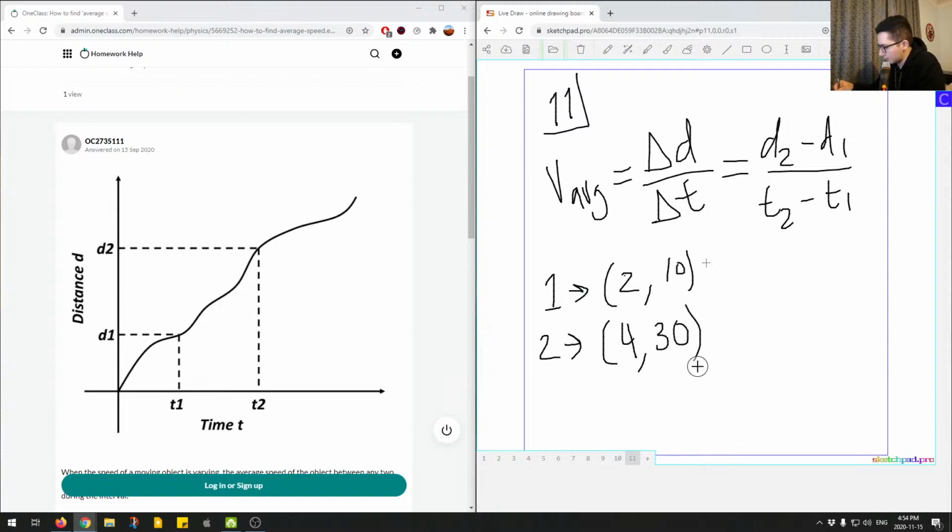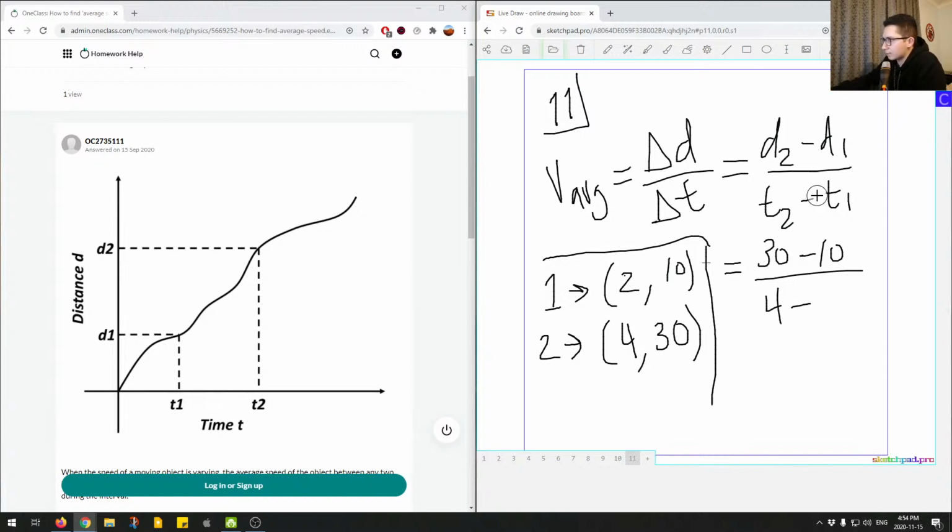So plug these in. Let's draw a line here. We'd say 30, so d2, minus d1, which is 10, divided by t2, which is 4, minus t1, which is 2.